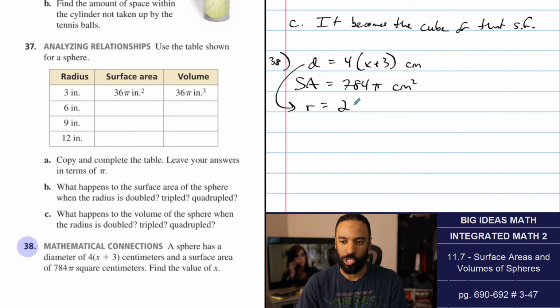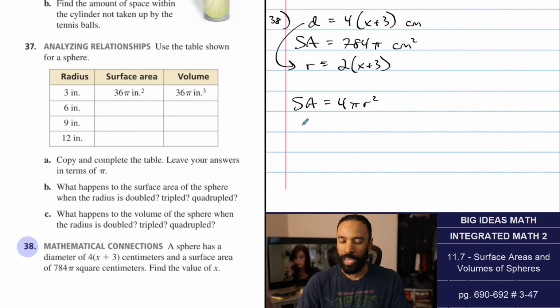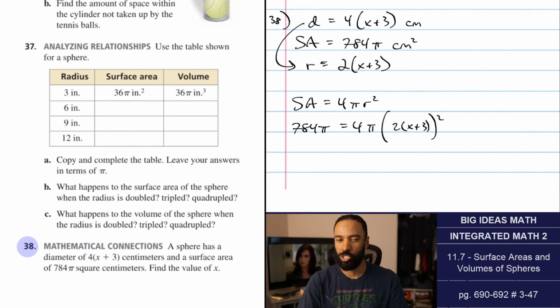Just divide the 4 by 2, and you get 2 times x plus 3. Right? So surface area is 4 pi r squared. Let's substitute into here, and we get 784 pi equals 4 pi times 2 times x plus 3, which is about to be squared. Give me one moment.